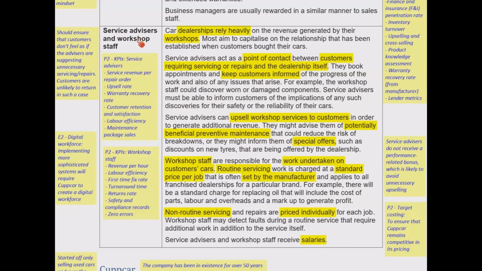Now, the other staff in the workshop, of course, are the people who do the actual repairs. Now, think. They are doing the actual repairing. We need technically skilled workshop staff for sure. We need people who will deliver the quality that is required of the car manufacturer for the servicing of the new cars, for the fixing of those cars under warranty.